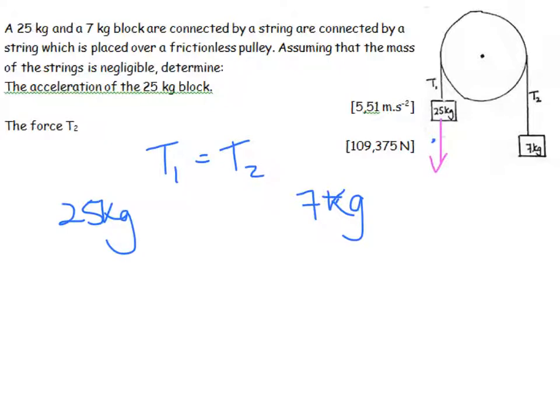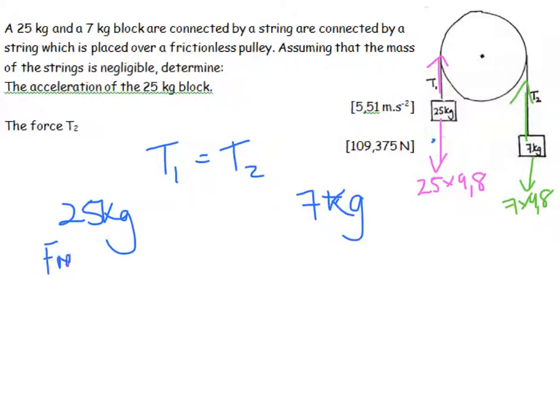There is a weight acting down of 25 times 9.8, and a weight acting down of 7 times 9.8, and I land up with a tension acting upwards on each. So we've got two forces on both blocks in the vertical direction.